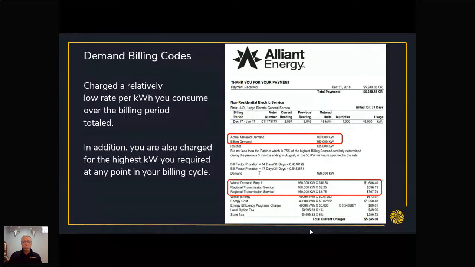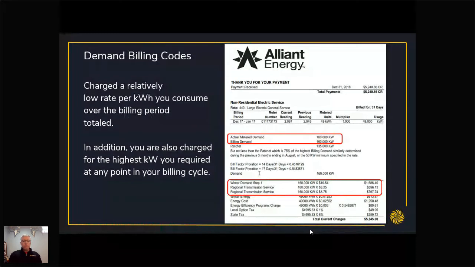The other part that I want to call attention to there, we won't go into huge detail here, but you see the word ratchet, and you see that's a smaller number, 135 in this case. Basically, you need to look at ratchet just like the tool, a ratchet. It moves freely in one direction, but it is not able to go the opposite direction.